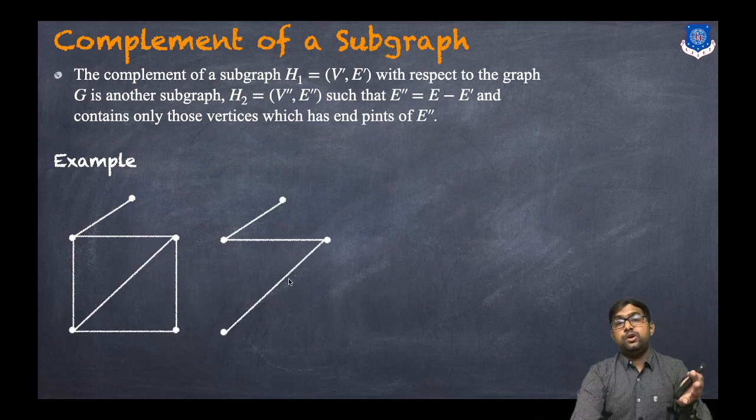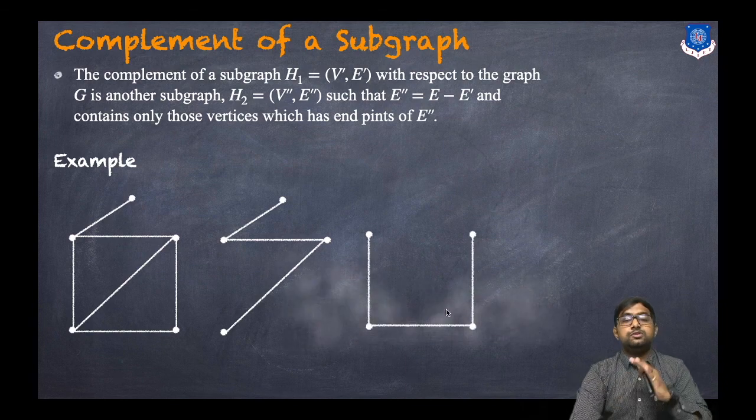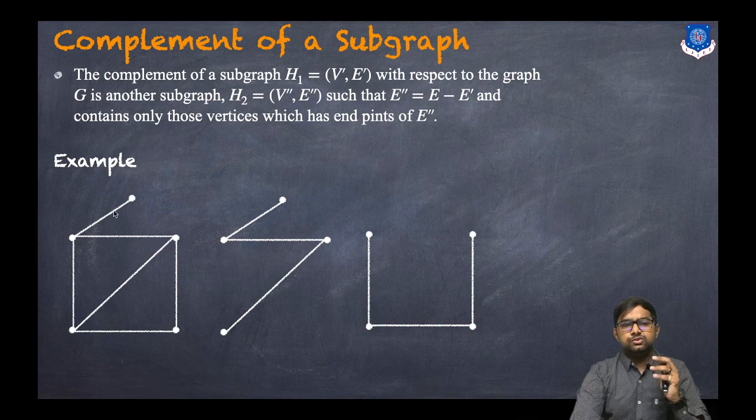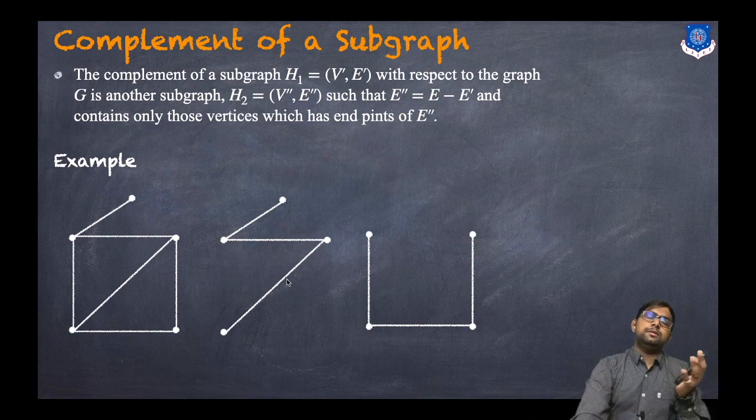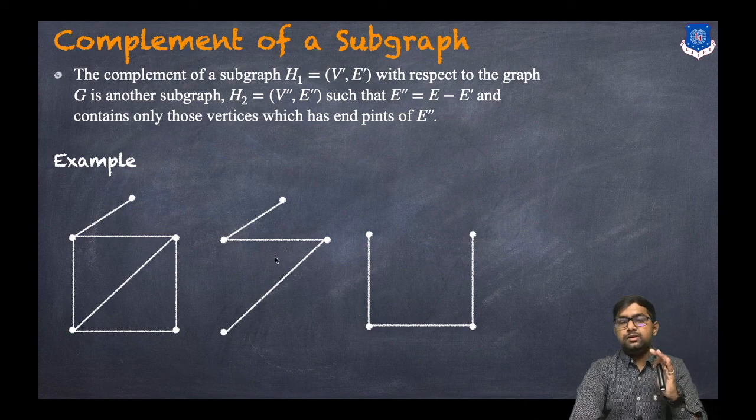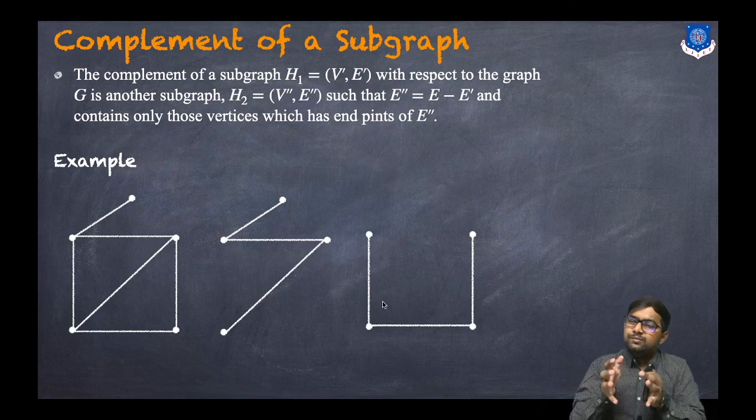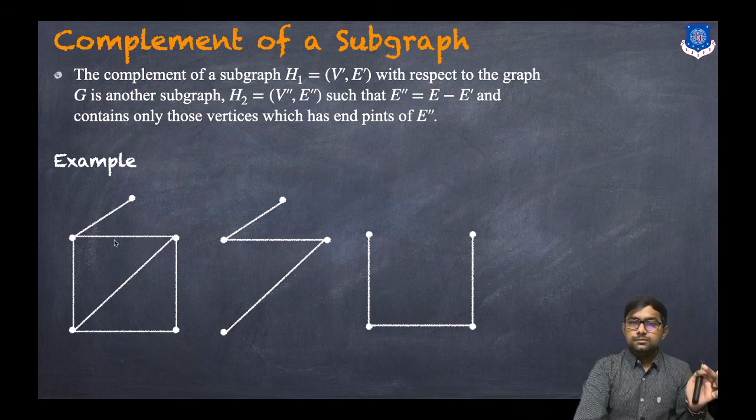Now what is the complement of this subgraph? It will be like this. Whatever edges are there in the subgraph, now what are the left edges? Here we have a total of 3 edges, and here we have a total of 6 edges. So except these 3 edges, all the other edges will be there in the complement of the subgraph. And if we combine both the graphs, we'll get the main graph.